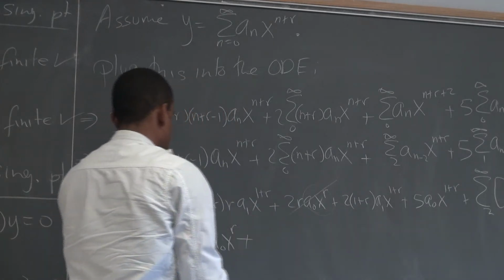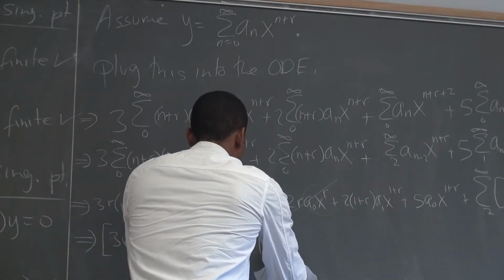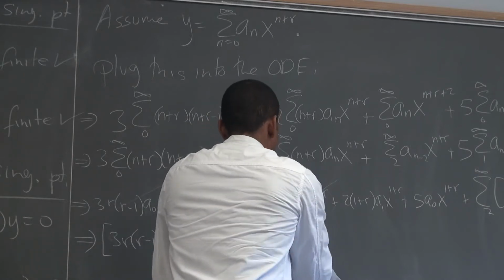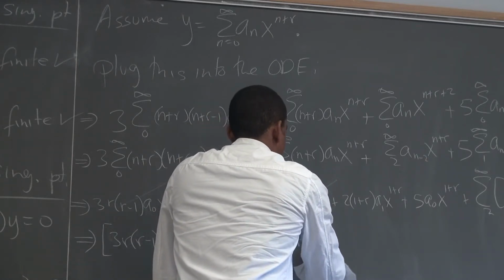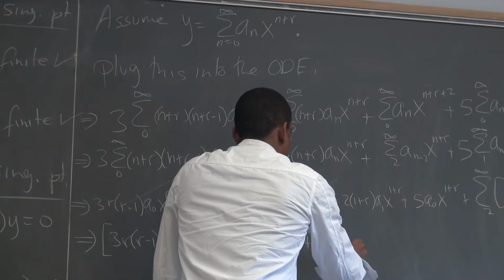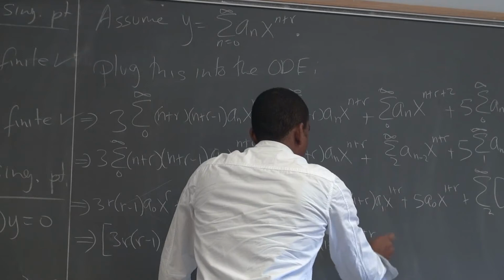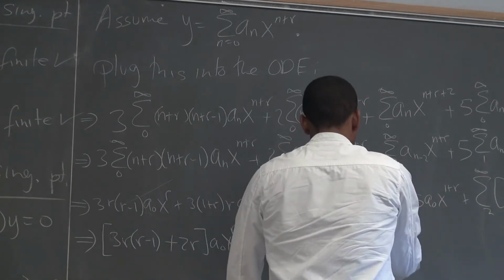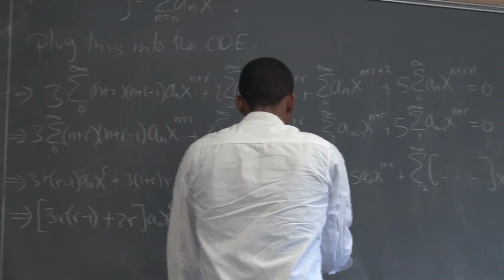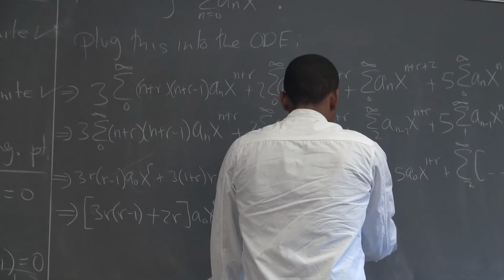Plus, now group all these: I'm going to get 3 times (1 plus r) times r a1 plus 2 times (1 plus r) a1 equals 1 plus r. One more. Plus 5.